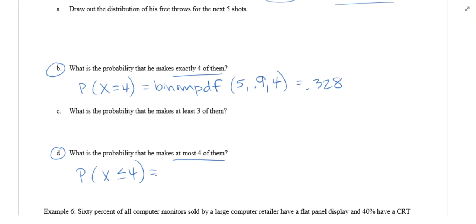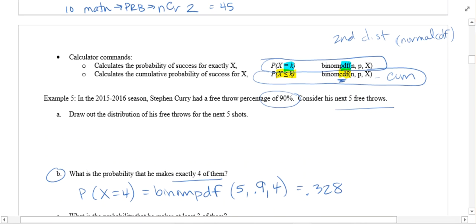I don't want to do binomial PDF that many times. That's really annoying. There's a couple ways you can get around that. The only case we're not considering is 5, so you could do 1 minus binomial PDF of 5, that he makes all 5. But for less than or equal to, we have a calculator command that does that for us, and that's where we're going to use binomial CDF.